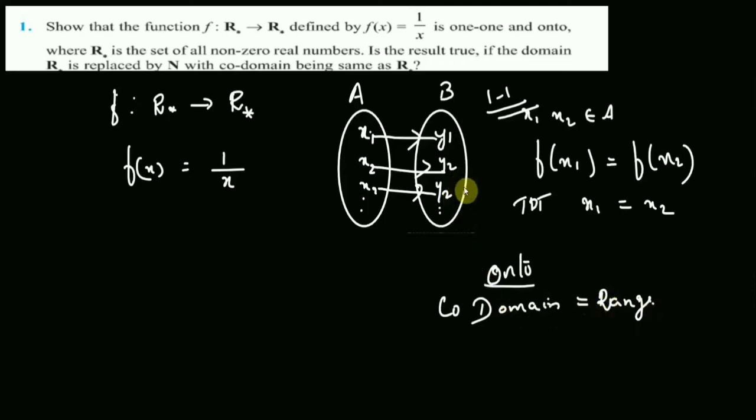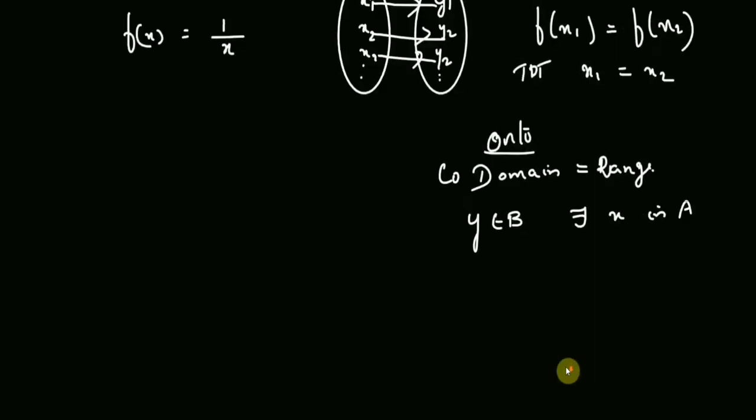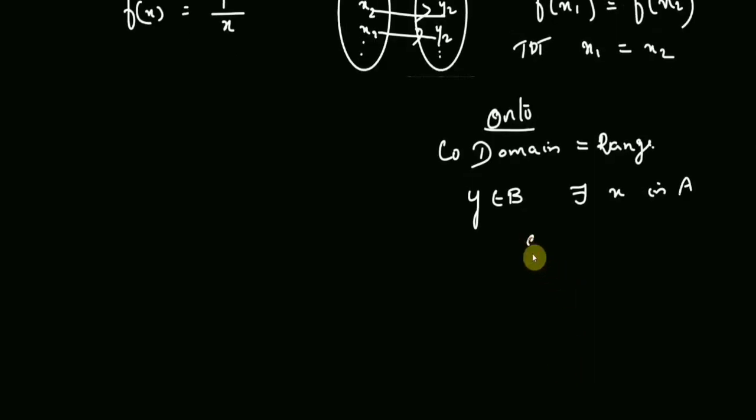Take any element y belongs to B. Then you have to prove that for every y belongs to B, there exists an x in A such that f(x) is equal to y. So this is how we are going to prove a given function is onto.